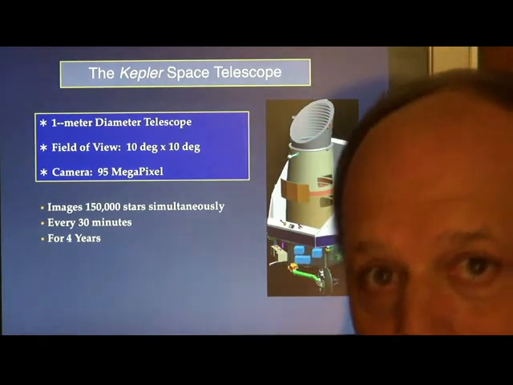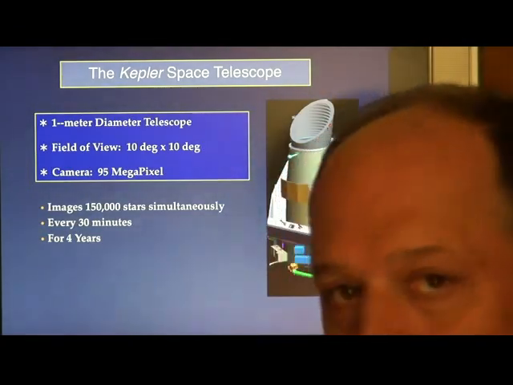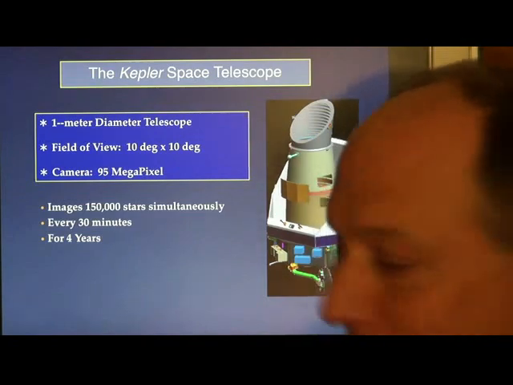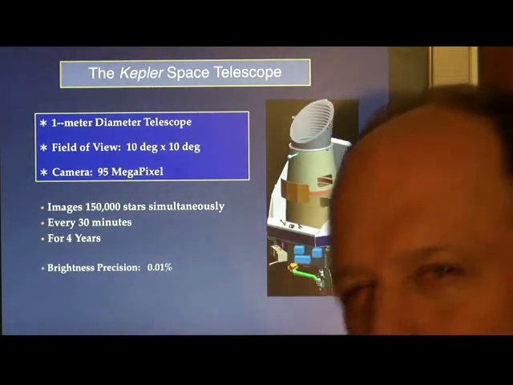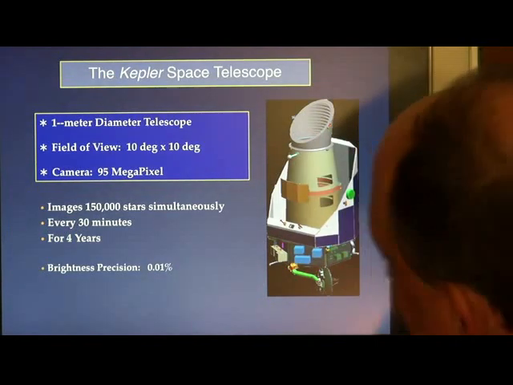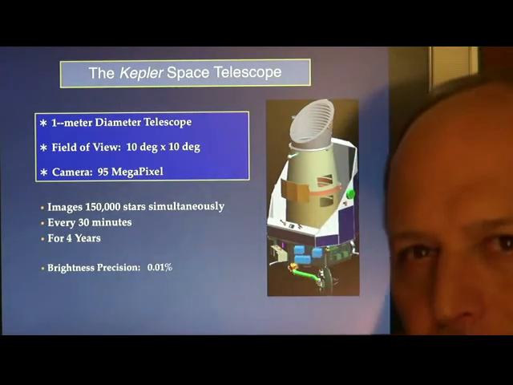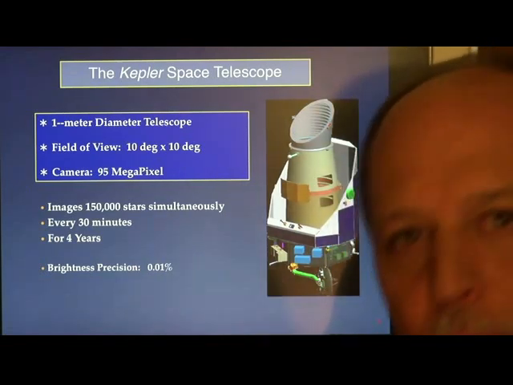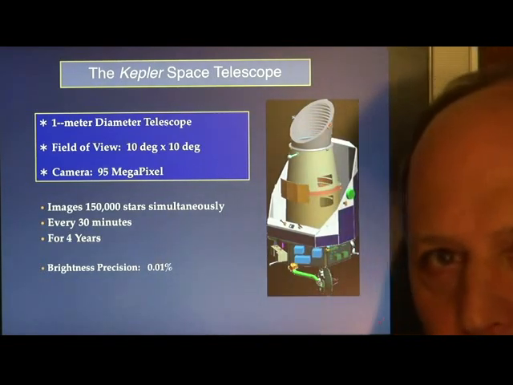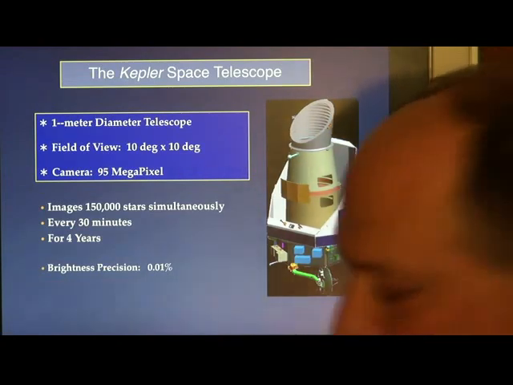So we're very excited. Today is the day that we're learning that NASA will extend the Kepler Spaceborne Telescope for another 2 years. The really great thing about this telescope is that it can measure the brightnesses of stars to within 1/100th of 1% of the brightness of a star, 1 part in 10,000.